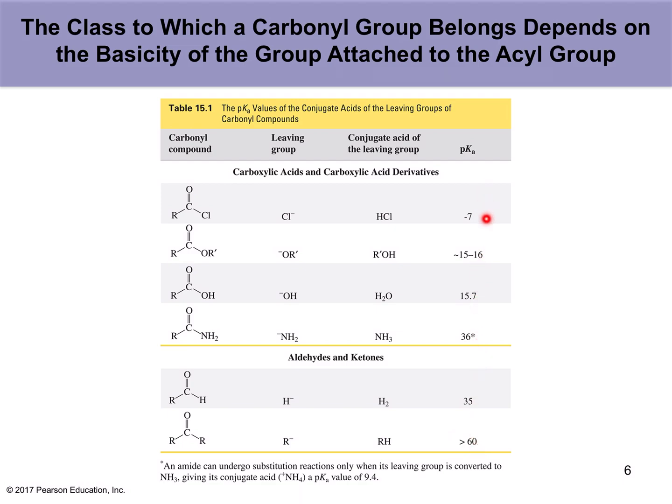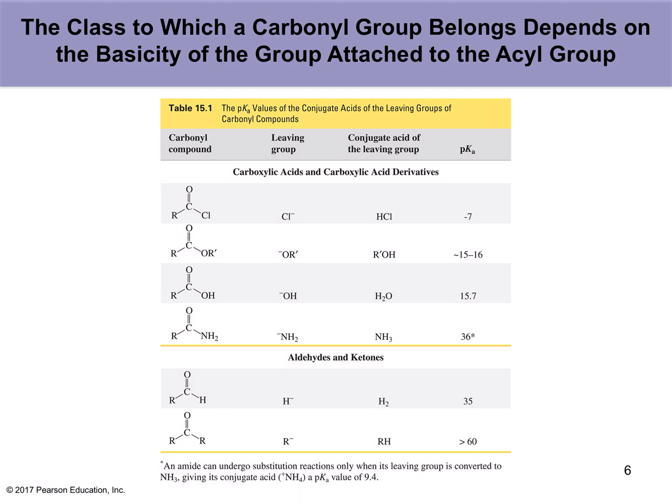Now if you look at this, these are stronger acids, and as the pKa increases, they become stronger bases. Okay, so you can see that the acyl groups of carboxylic acids and carboxylic acid derivatives are attached to weaker bases than the acyl groups of aldehydes and ketones.